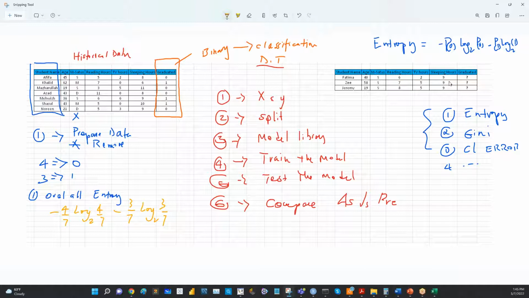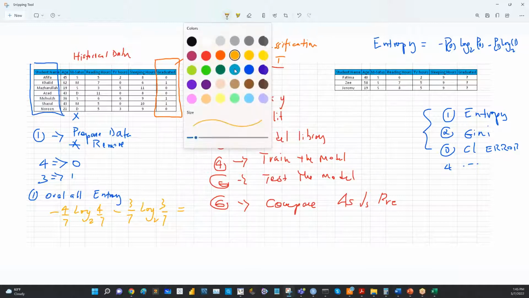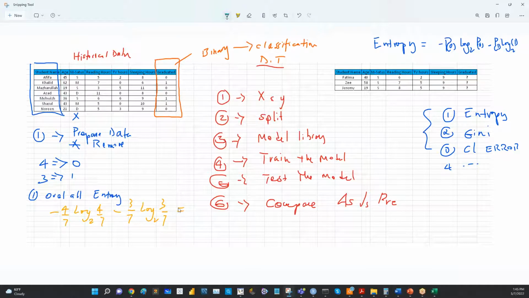That is called the chaos, or the uncertainty. Let's assume, I don't have time to do the math, that this is around 0.8. So the overall entropy is 0.8.